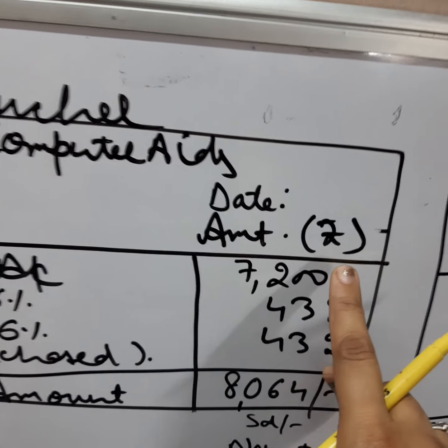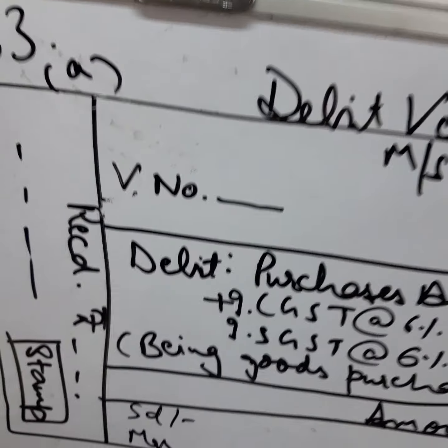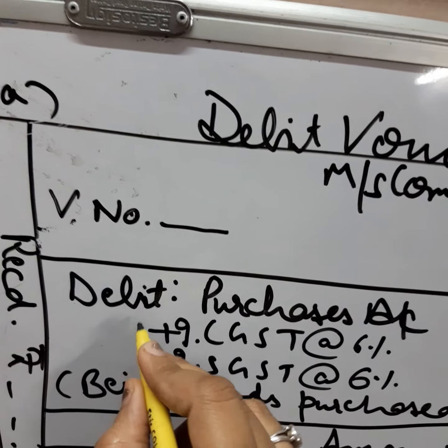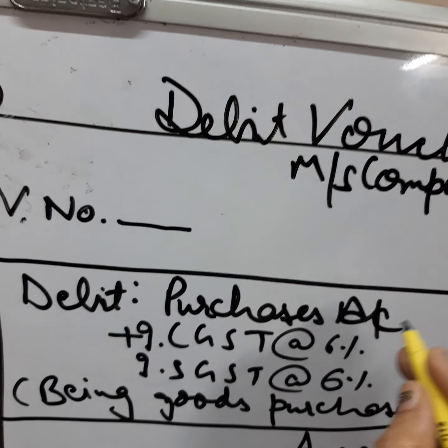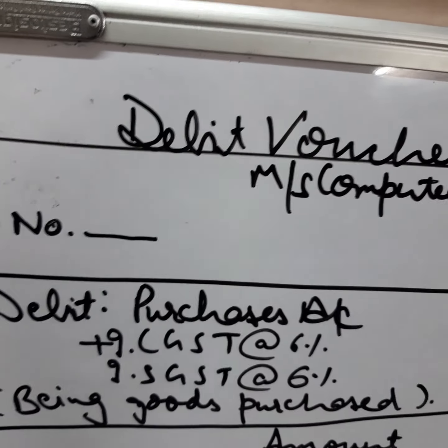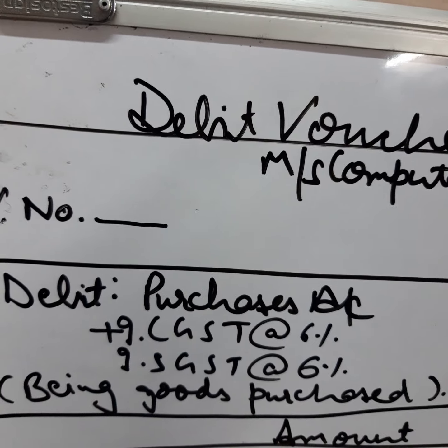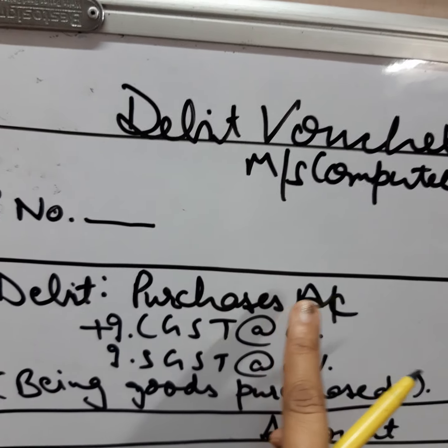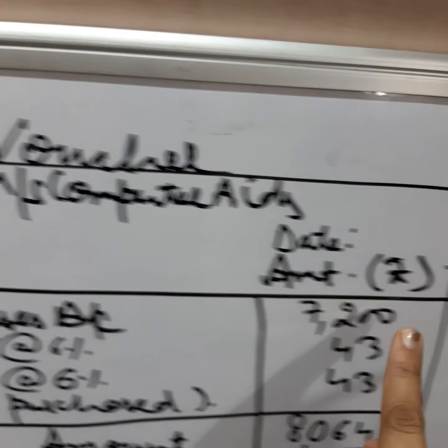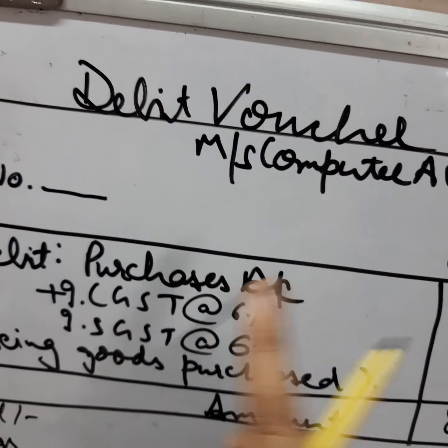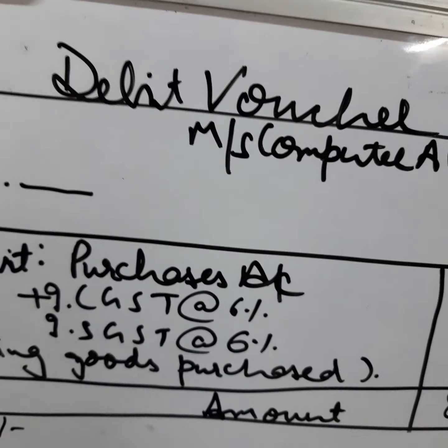Then amount. Then we'll write debit here for the name of the account which is being debited. When we are purchasing goods, one account is purchases, other is cash. So we are debiting purchases, which is our expense, for 7200. Then CGST: whenever we buy goods, we pay GST.